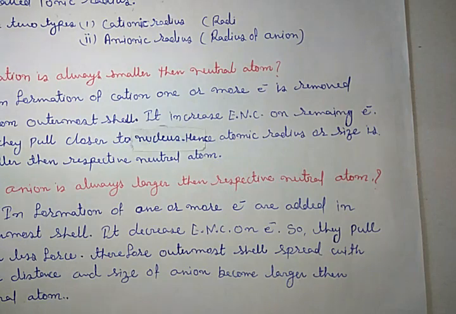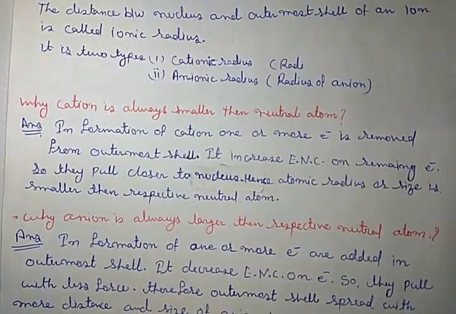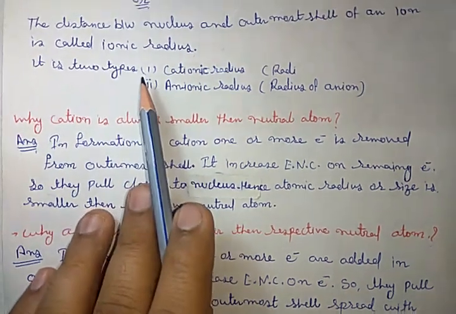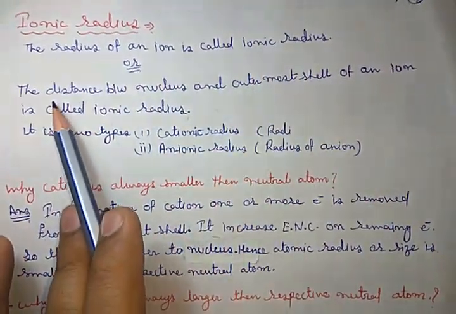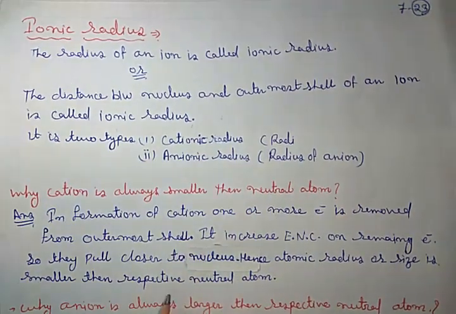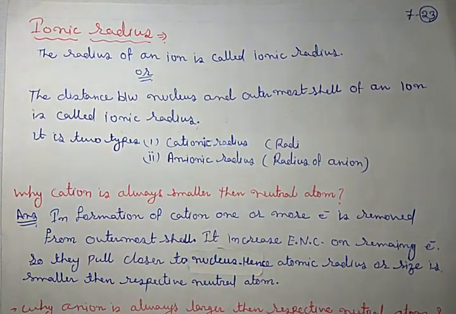Now, there is one more radius in our syllabus, but this radius is not used to describe the atomic radius. It is a different thing. That is ionic radius. The simple definition is the radius of an ion is called ionic radius, or we can say that the distance between the nucleus and the outermost shell of an ion is called ionic radius.